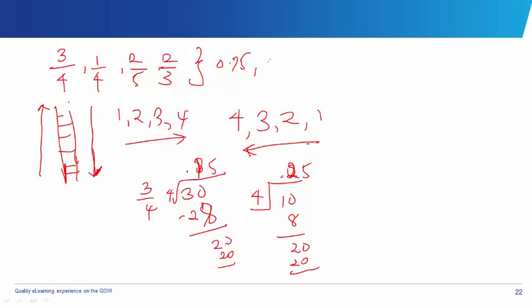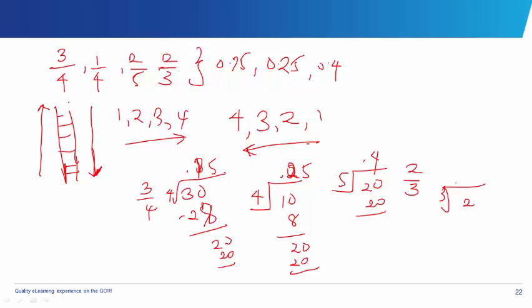Okay, that gives us 0.25. Then 2/5 will convert it to decimal 2. And that gives us 0.4. Then 2/3 will convert it to decimal 2. So it keeps giving us 6666 as we go down. So we can stop here, and that is 0.66.